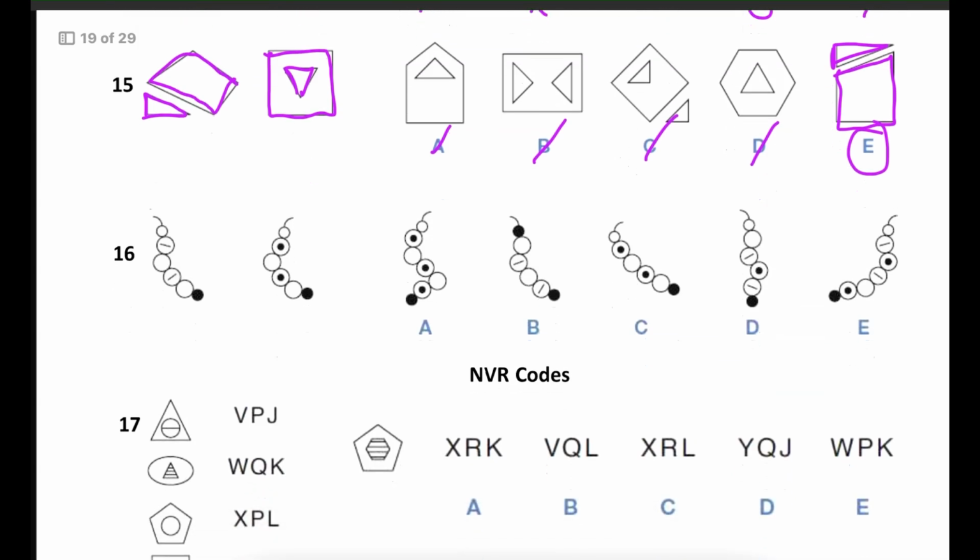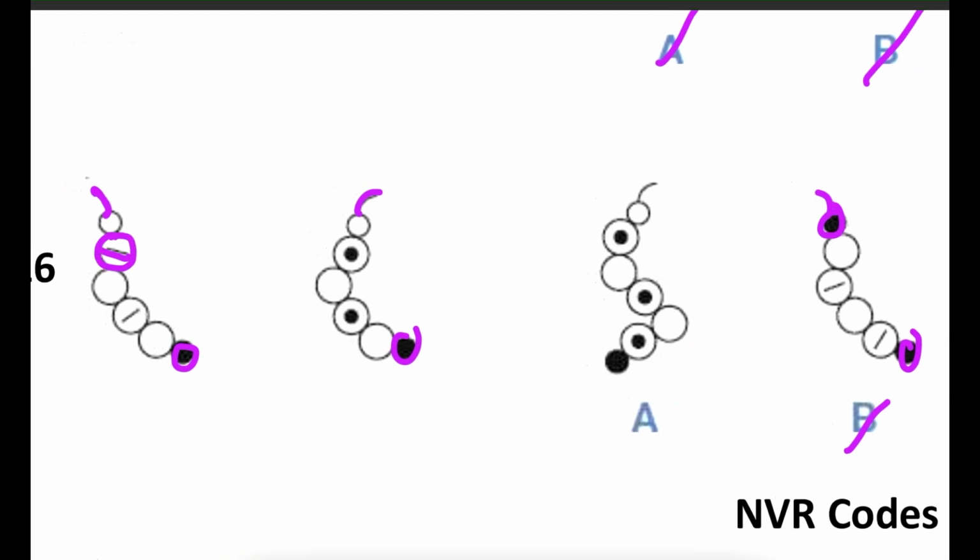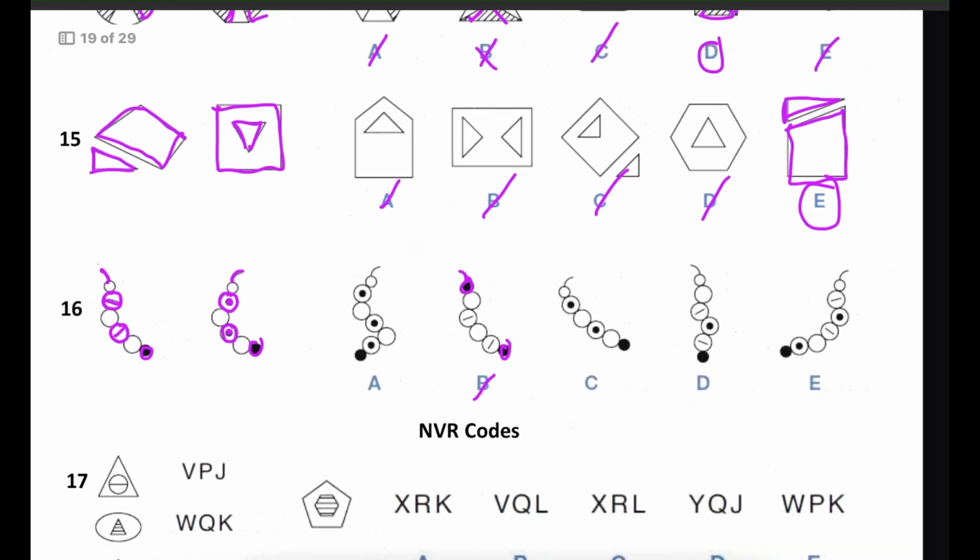Now to question 16. We've got a black circle on one end and this sort of tail thing on the other side. So we can rule out B because that's got 2 black circles, but there should only be 1. And then here we've got 2 of these circles the same, and they're a different pattern from the rest. 2 that have a different pattern than the rest.